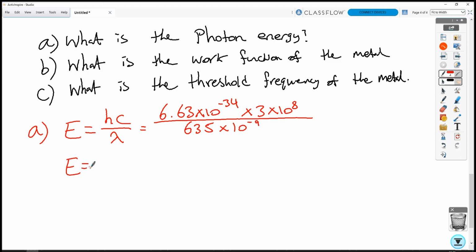You could. But why do that when you could just put that straight away? Less thinking involved here. 3.1 times 10 to the power of minus 19 joules. Okay, that's part A done.